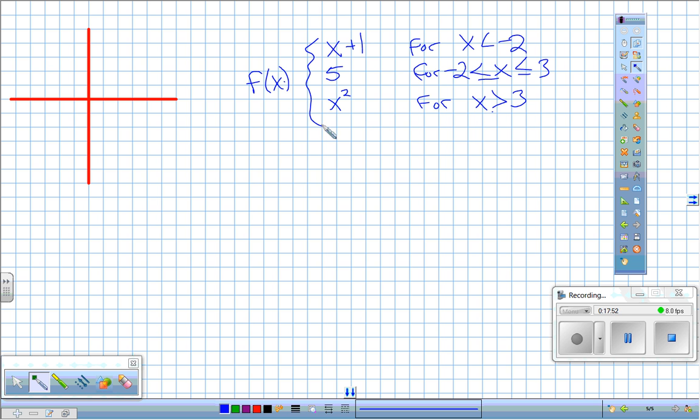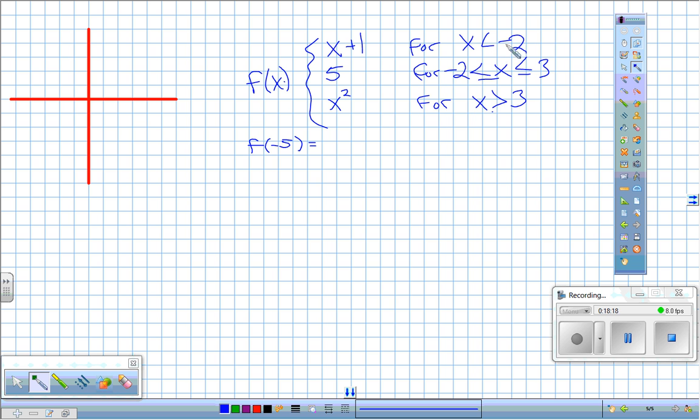Okay, what I like to do is plug in points in order to graph these. So some of them ask you to graph them, some of them just ask you to evaluate them. So in this question in the example, it asks you to find f of -5. So you have to decide where -5 falls at between these right-hand numbers. We're completely ignoring this half right now.